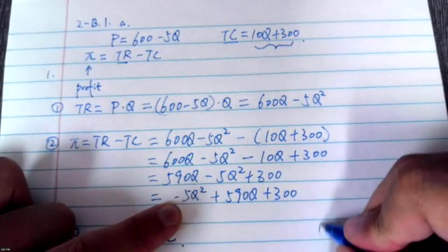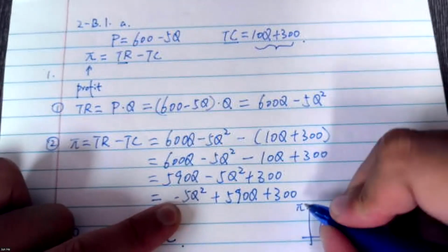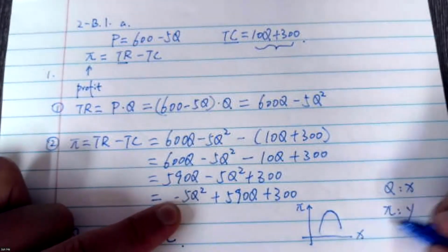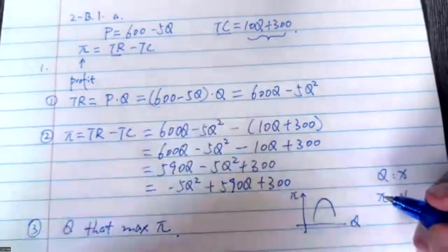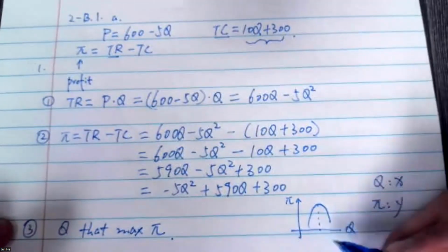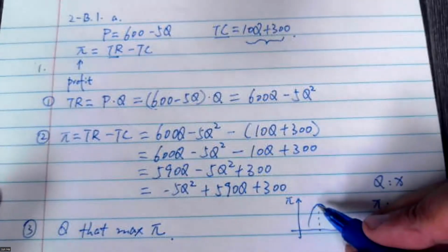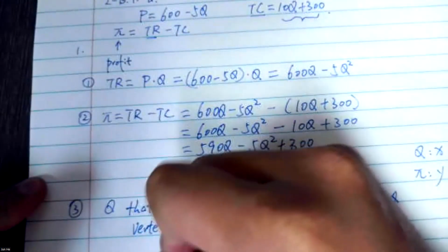That tells you the function looks like this, in which the vertical axis, the y-axis, is pi, and the horizontal axis, the x-axis, is Q, right? Because this is like a frowning face, as we say, the vertex is actually the maximum point. So what is the vertex?